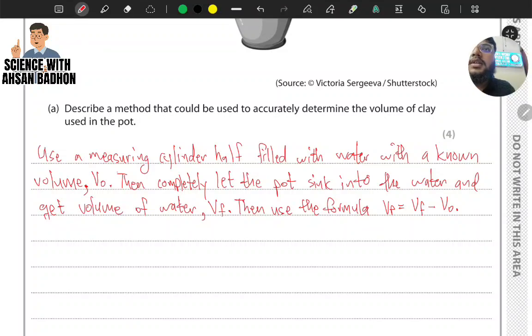Okay, then there are some safety precautions, obviously. We also need to repeat the experiment several times and take the average reading.